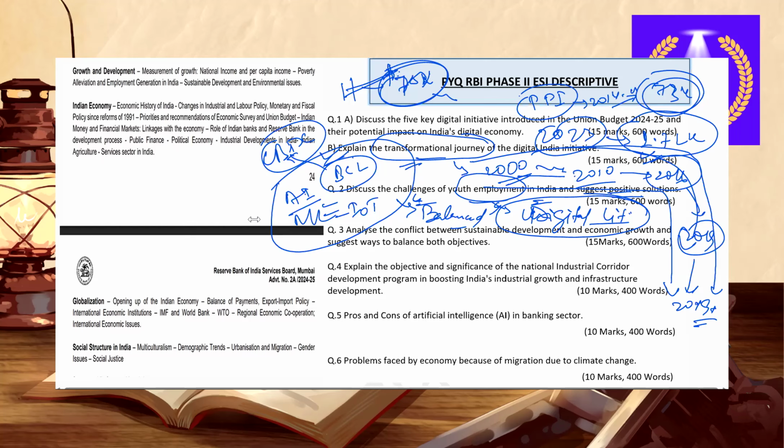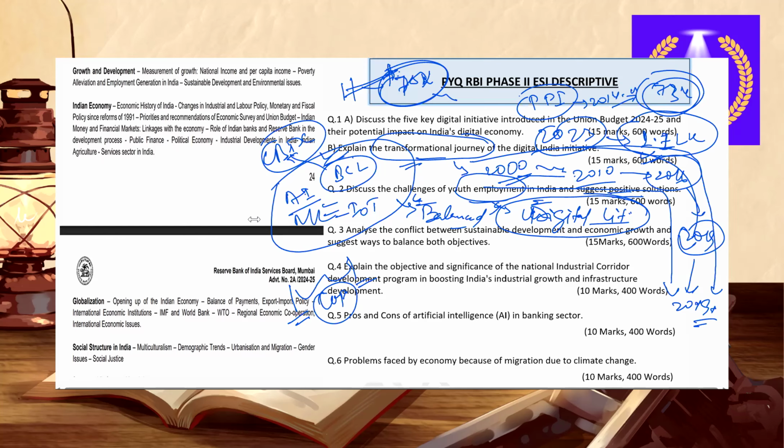Nahi na yaar. But it is an average count that every Indian is earning 1.7 lakh. It means what? The gap is increasing. The gap between the elite society and the lower strata, the most disadvantaged section of the society, that gap is increasing. So such type of things you need to incorporate in your answers.